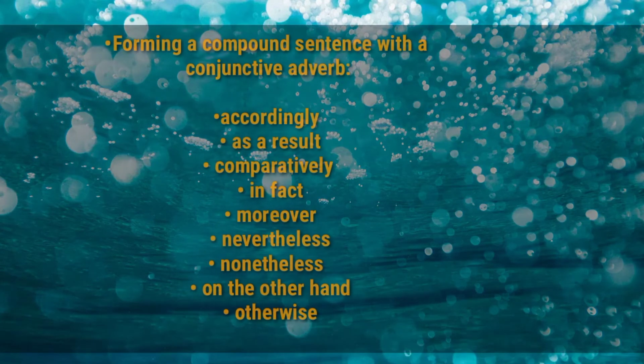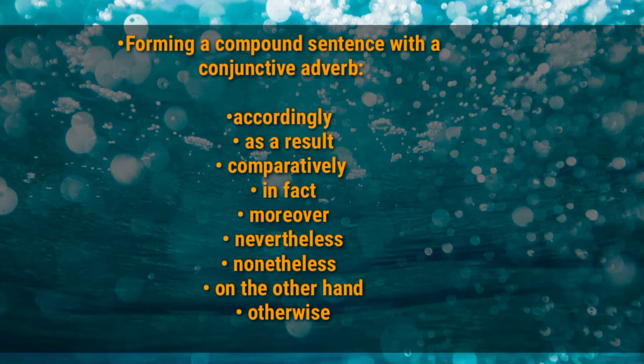The third method is forming a compound sentence with a conjunctive adverb. Another common way to form a compound sentence is to use a conjunctive adverb. Some common conjunctive adverbs are accordingly, as a result, comparatively, in fact, moreover, nevertheless, nonetheless, on the other hand, otherwise.